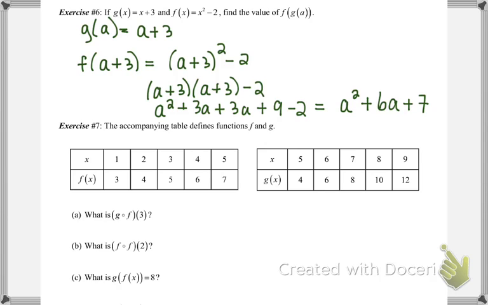Okay, first we're going to find f of 3. And that is equal to 5. Now we find g of 5.